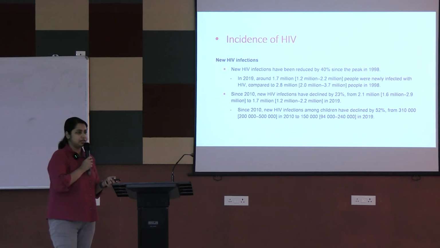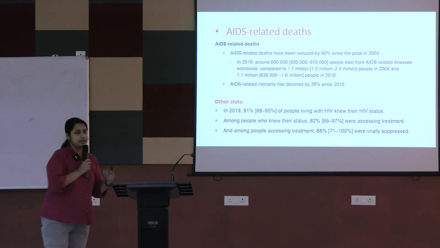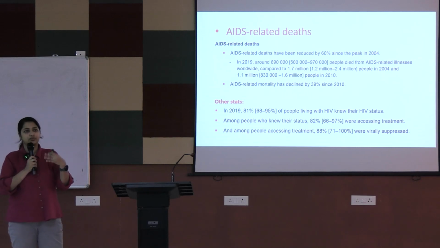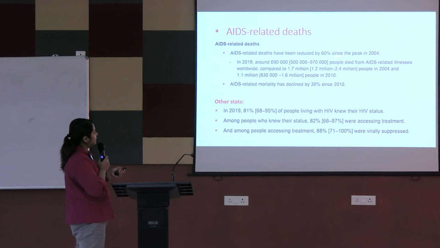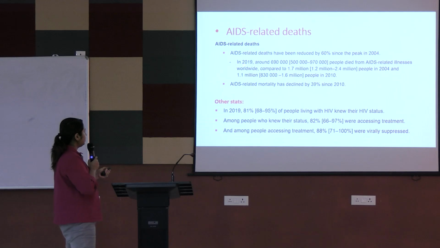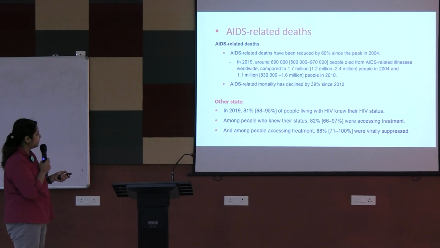And for AIDS-related deaths, the deaths caused due to AIDS, it had peaked in 2004, and it has now been reduced by 60%. But still in 2019, around 690,000 people died from AIDS-related illnesses worldwide.